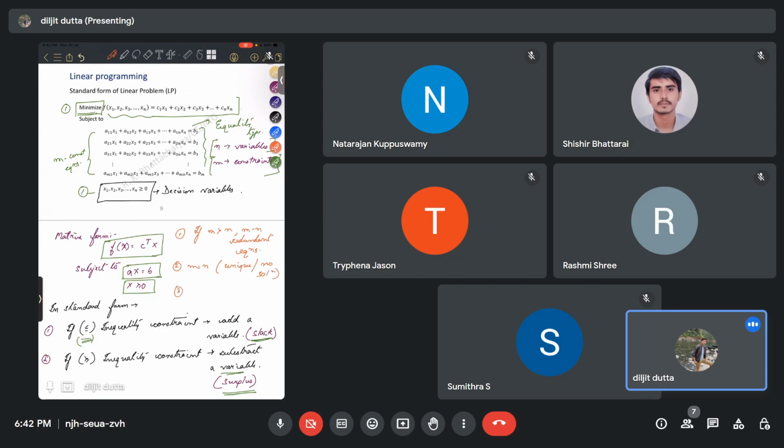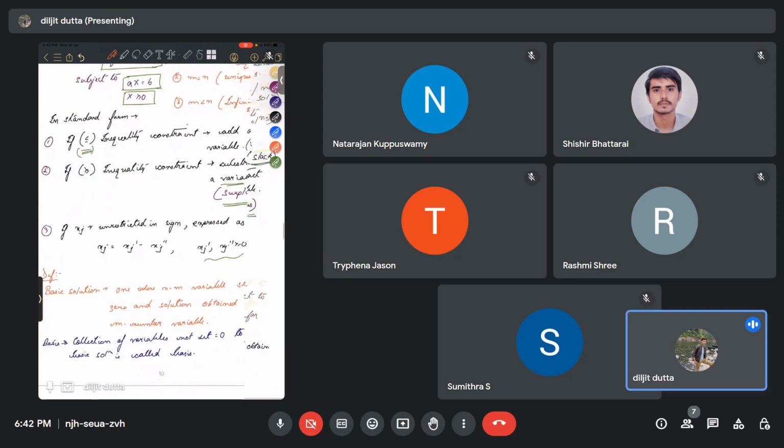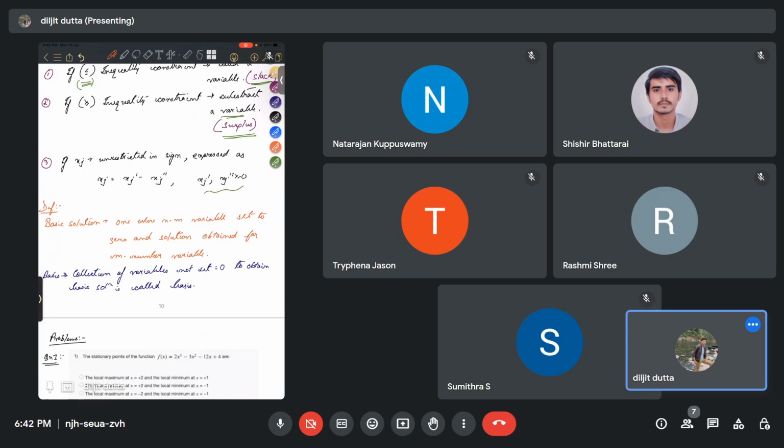And the third case is, if m is less than n, in that case it is a case of an undetermined set of linear equations. There may be infinitely many solutions. So this is about linear programming, and there is also something called the basic solution.